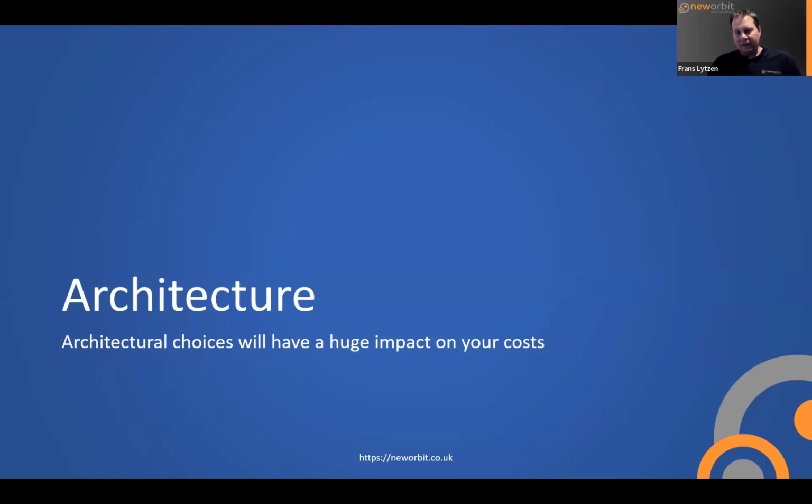Because again, we have 11 years of history. There weren't resource groups in Azure to start with. Azure did not used to have resource groups back in the olden days. I didn't know that. You created stuff, and then when they introduced resource groups, everything got put into default resource group 1.